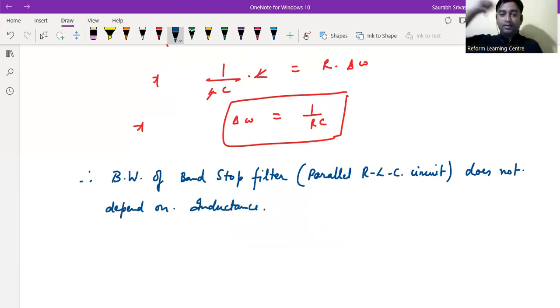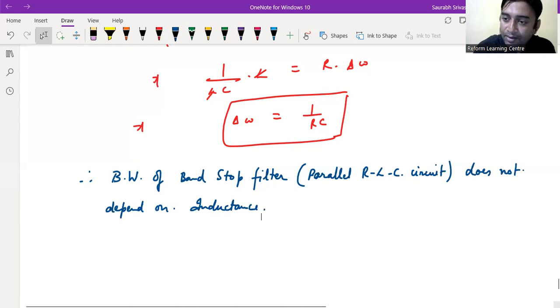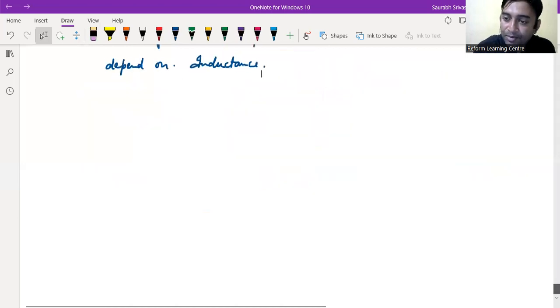The bandwidth of series circuit does not depend on capacitor, and bandwidth of parallel circuit does not depend on inductor. Inductor पर depend नहीं करता. Next, again, ये तो theory है. अब इस पे numerical बनाते हैं.